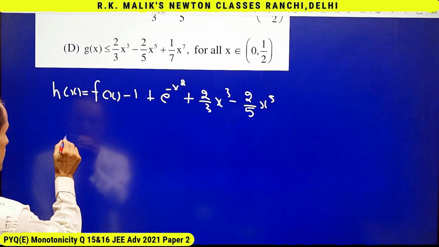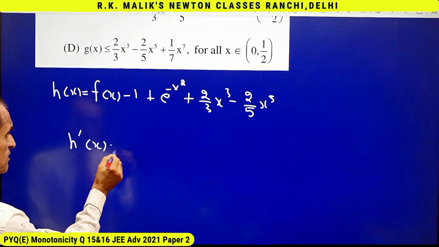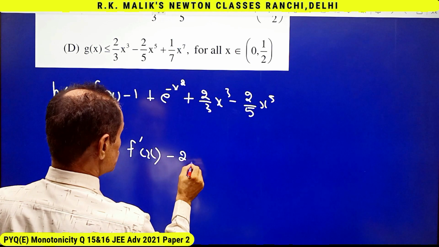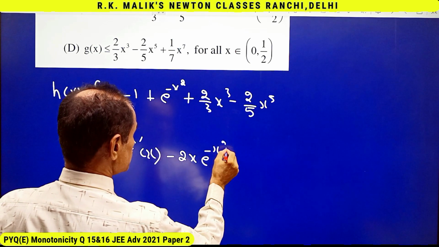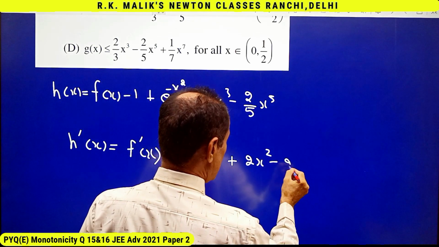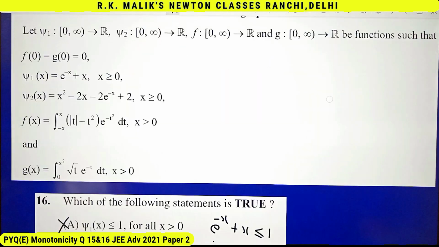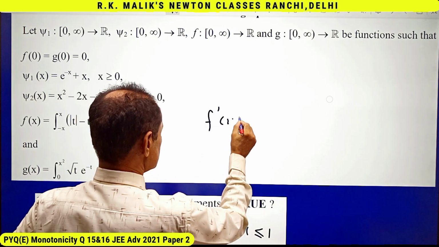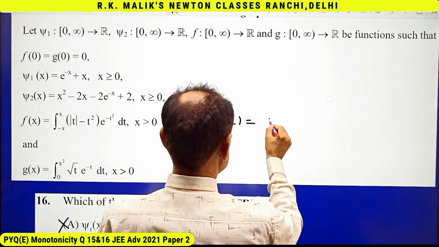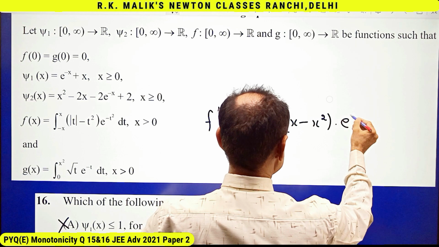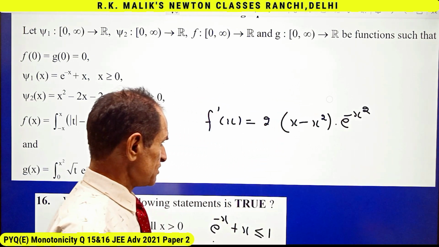It is clear that h dash x is equal to f dash x minus 2x e to power minus x square plus 2x square minus 2x to the power 4. And f dash x I have already found in the previous choices: f dash x equal to 2 into (x minus x square) into e to power minus x square.